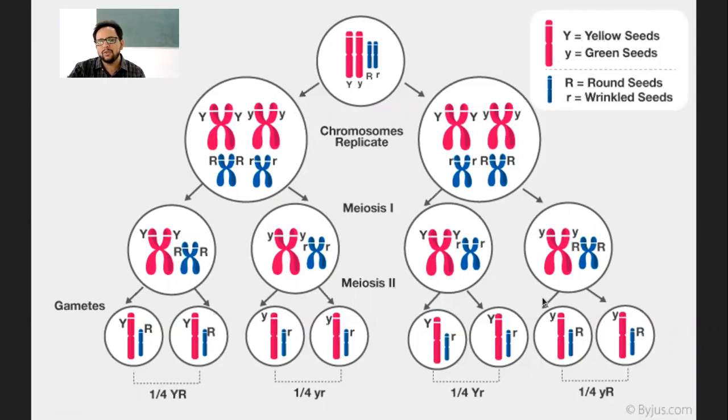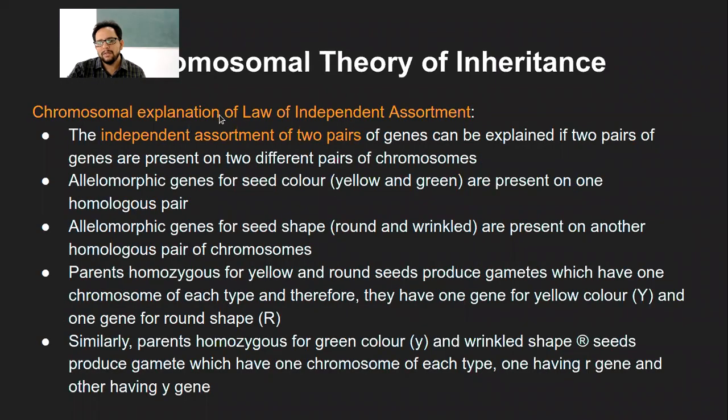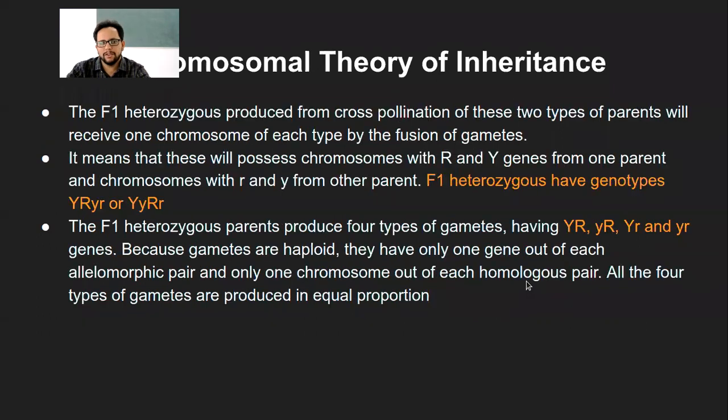So that is what is shown in this particular diagram, which is nothing but the gamete formation for the law of independent assortment. Okay, is this part clear to everyone? Or are there any questions?